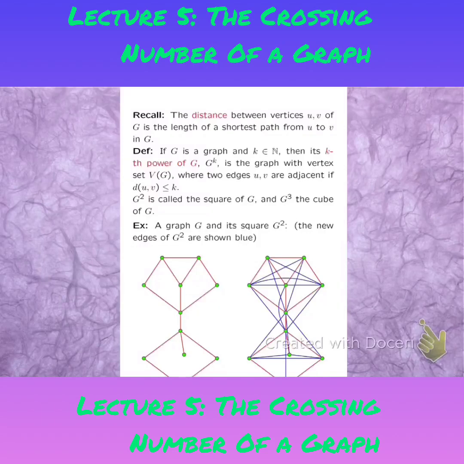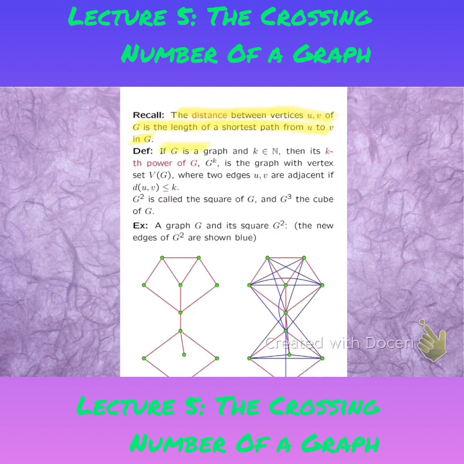Right, now it would be appropriate to just look at a few more classes. We look at these powers of paths, the crossing number. Now we said the distance, remember, between vertices u, v of G is the length of the shortest path between the two, right?